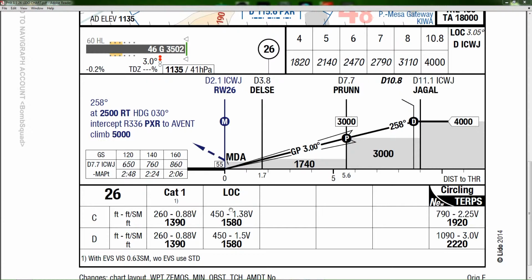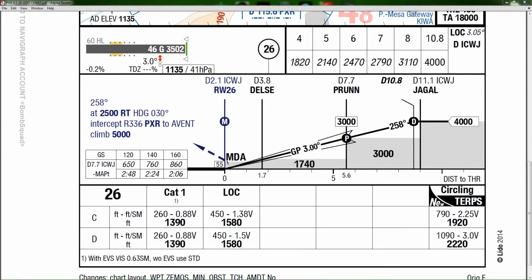Your minimum descent altitude or minimum decision height, they're the same thing, is 450 feet AGL or 1580 feet MSL, and you must have 1.38 miles visibility. It changes for the Category D aircraft with the same descent height, but you must have 1.5 miles of visibility. So that's what this is telling us right here.